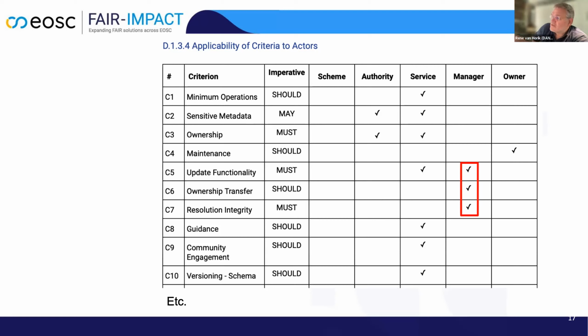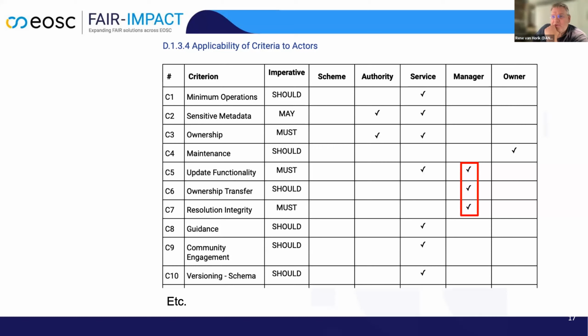And here you see criteria number 5, so the manager must comply with the update functionality. It should transfer ownership as a criterion, and it must provide resolution integrity.